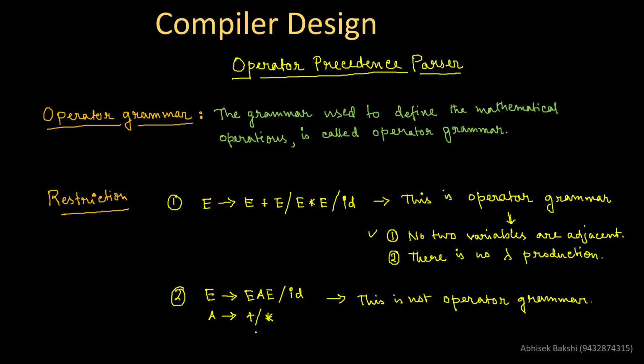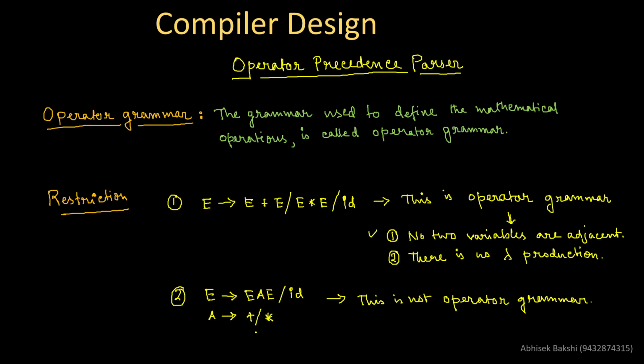But there is only one exception which can work with an ambiguous grammar, and that is this operator precedence parser. Operator precedence parser does not require an unambiguous grammar to parse it.